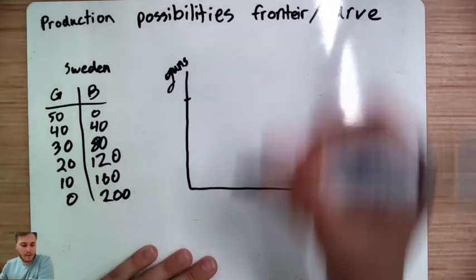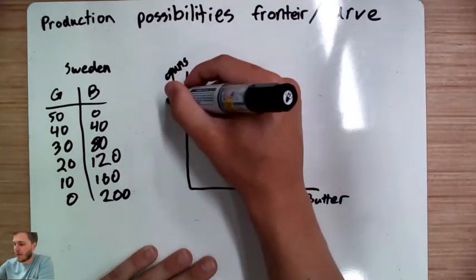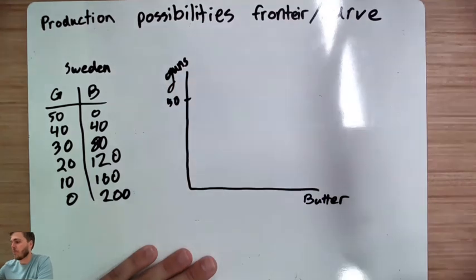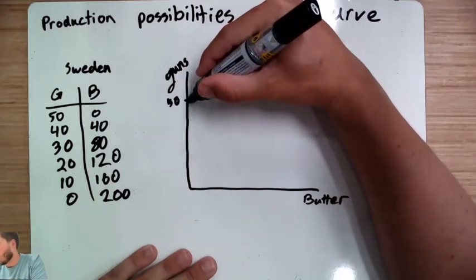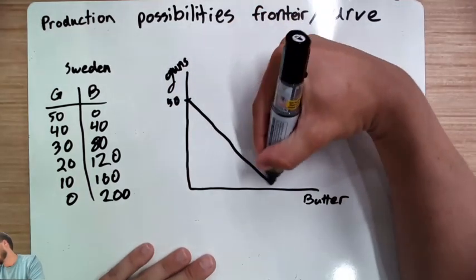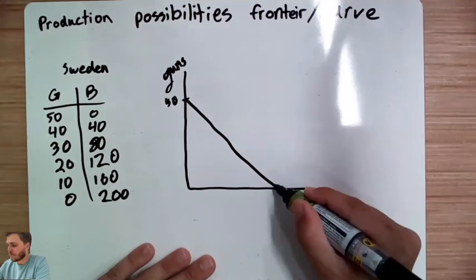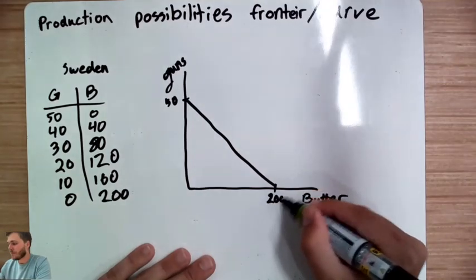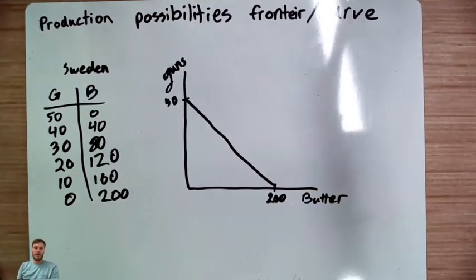So I'm just going to say, here on our y-axis, an intercept would be 50. And this is going to be a straight line here. And thus, they can make 200 butter. And this is our first graph. This shows us what Sweden is capable of making.